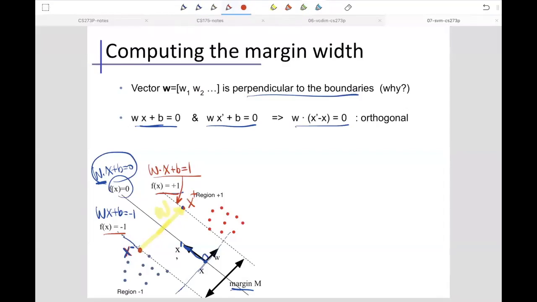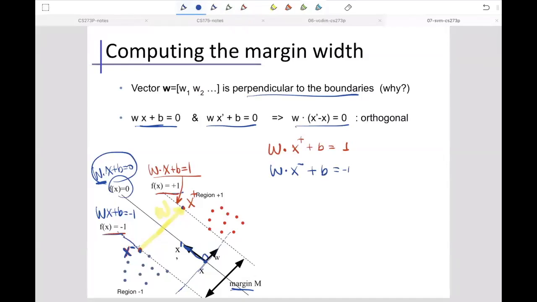Let's pick these 2 data points here. Well, I know one thing now. First of all, because x plus is on w dot x plus b equal to 1, I know that w dot x plus, plus b, is going to be equal to 1. That's one thing I know for sure. Similarly, I know that w dot x minus, because x minus is located on this plane here, plus b is going to be equal to -1.